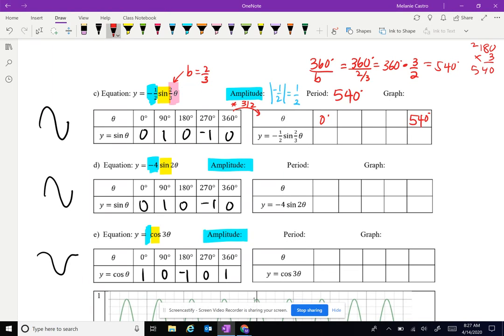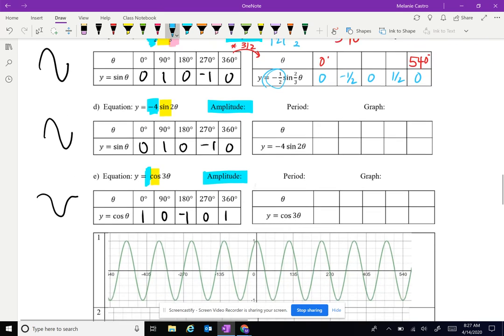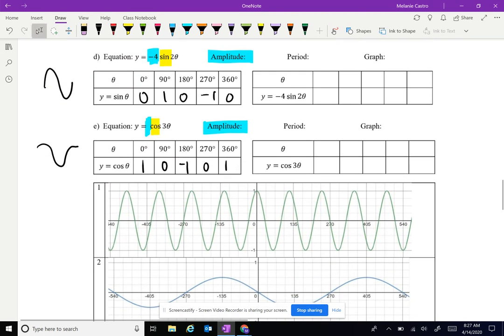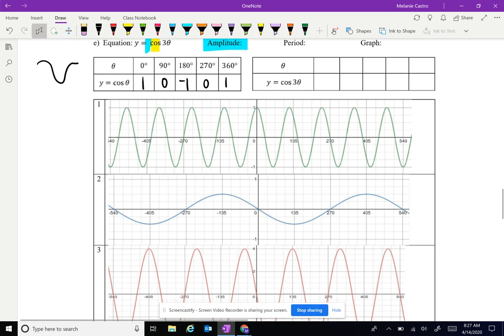Where it says graph here, we're going to go down and we're going to match it. But if we're looking at these values, even though amplitude is positive, we are supposed to multiply by -1/2 here. So the outputs would be 0, -1/2, 0, +1/2, and 0. And maybe just from that, we should be able to see what's happening.